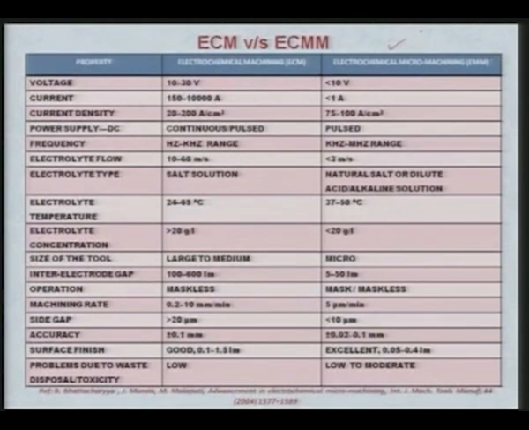Now, in both the cases you can use continuous DC or pulse DC. Frequency is in terms of kilohertz in electrochemical machining, that is macro machining, and it may be as high as megahertz in micro machining. Electrolyte flow rate is quite low in micro machining, normally less than 3 meter per second, while it is quite high in macro machining, 10 to 60 meter per second.